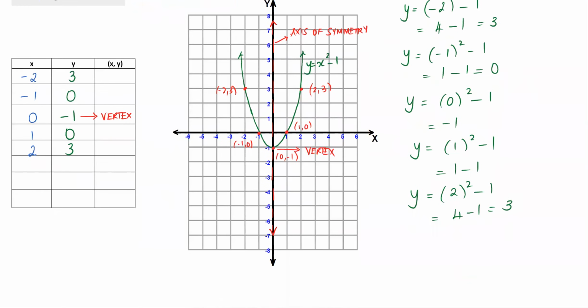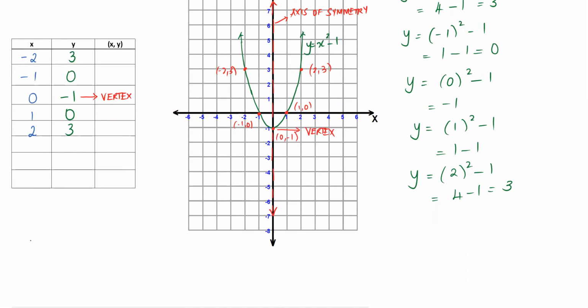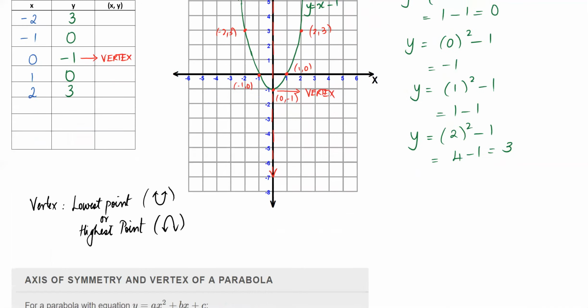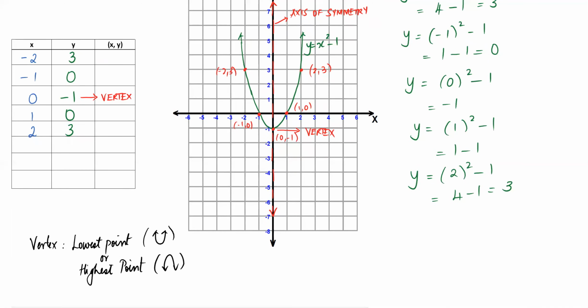Okay, so let's write a quick note here. Vertex is the lowest point if it is like this, right? Or highest point if it opens down like this, of the parabola. The vertex.